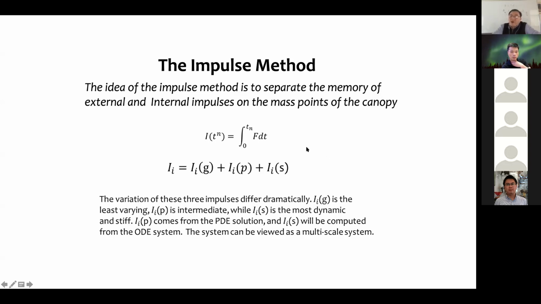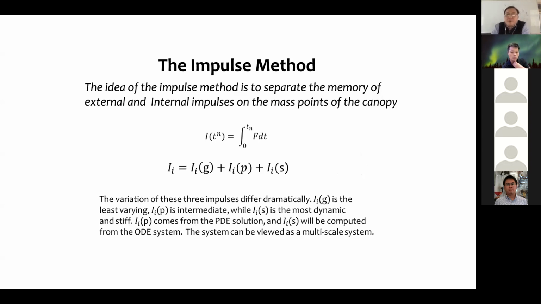The first one, of course, is gravity. The second one is the fluid pressure from both sides of the canopy. And the third one is internal. The internal impulse is from its neighboring mass point.